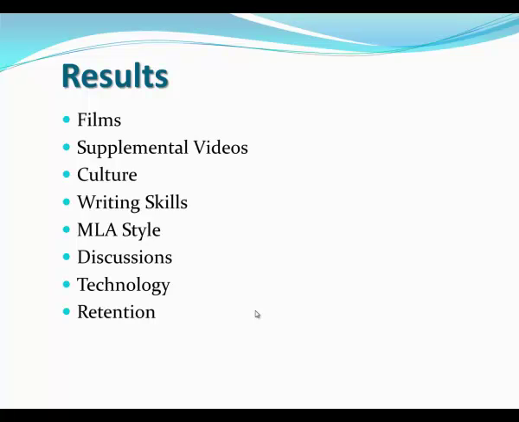In the online discussions, they share their new knowledge with other classmates, and they talk about culture and film with more confidence. And in the online format, those students that are shy, I think they perform better online, because you only have the discussion board.